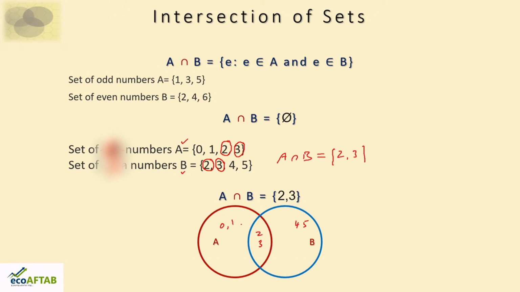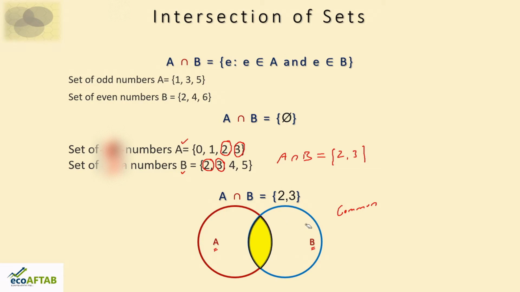So 0, 1, 2, 3 is in the red circle, and 2, 3, 4, 5 is in the blue circle. Red circle is set A, blue circle is set B. Only two elements, 2 and 3, are in both circles, common to set A and set B, and that is the part of the intersection. The yellow shaded area is our intersection.